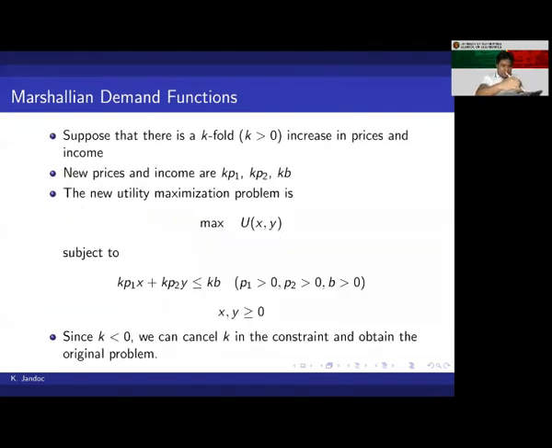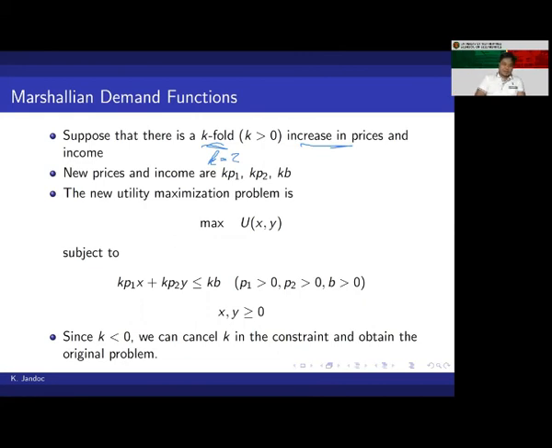Now we'll go to a property of Marshallian demand functions. Suppose that we have a k-fold increase in prices and income simultaneously. If k equals 2, it's a twofold increase, meaning prices and income double at the same time.